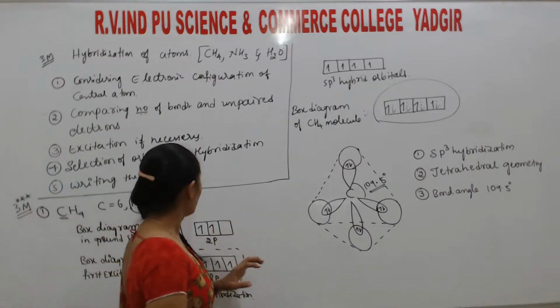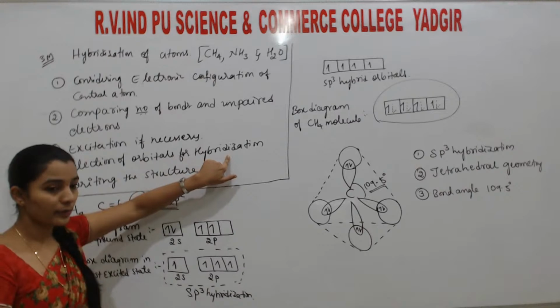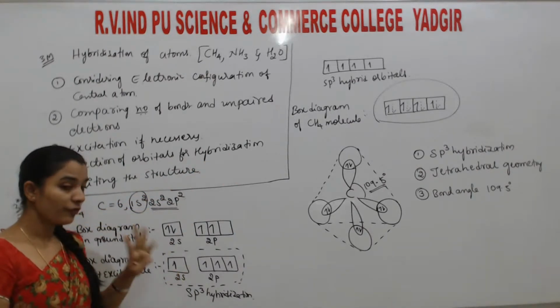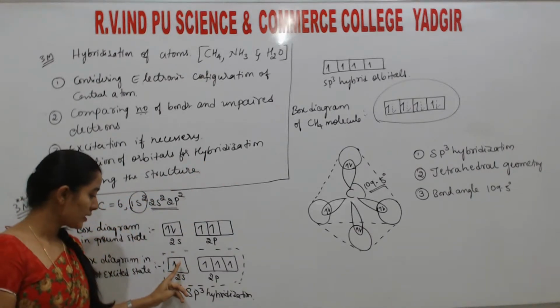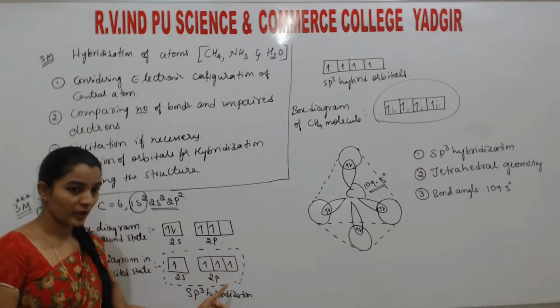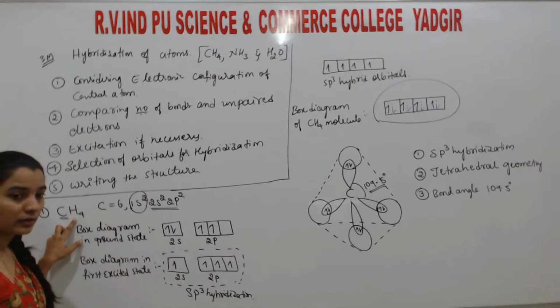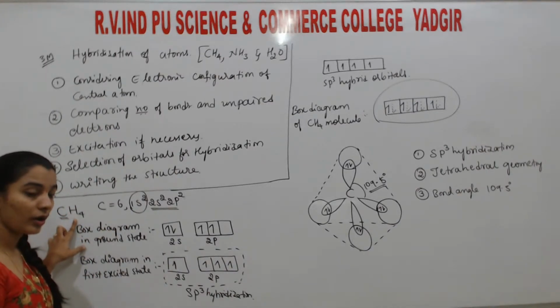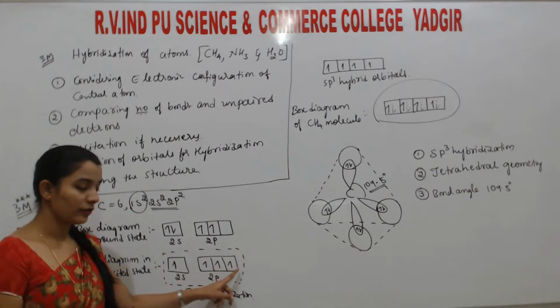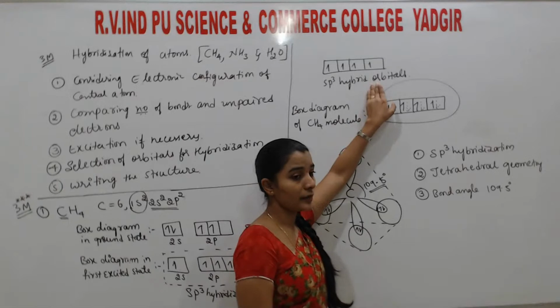Next, selection of orbitals for hybridization. We require 4 orbitals because here 4 bonds are there. So 1, 2, 3, 4 orbitals. Next, these are sp3 hybrid orbitals.